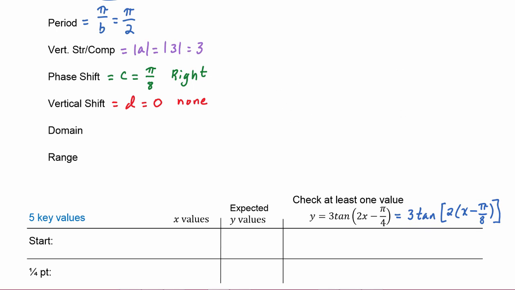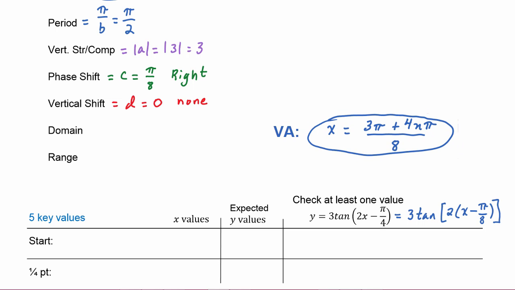Now the domain, remember the relationship between the domain and the vertical asymptotes. Wherever the x values of the vertical asymptotes are, those are the x values where the function cannot be. The domain we get for free.